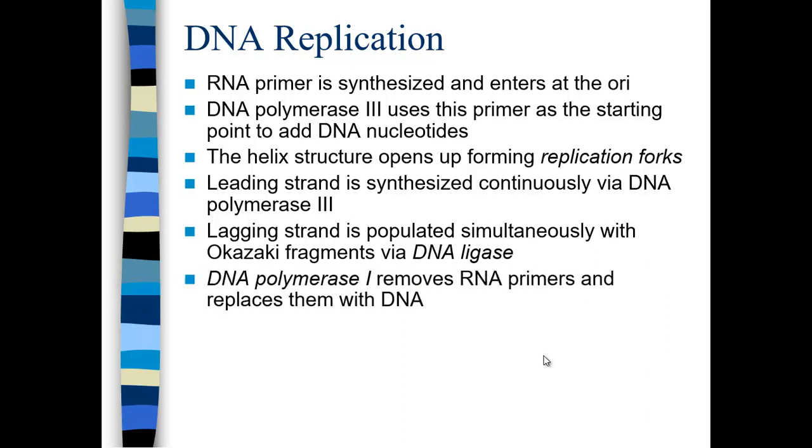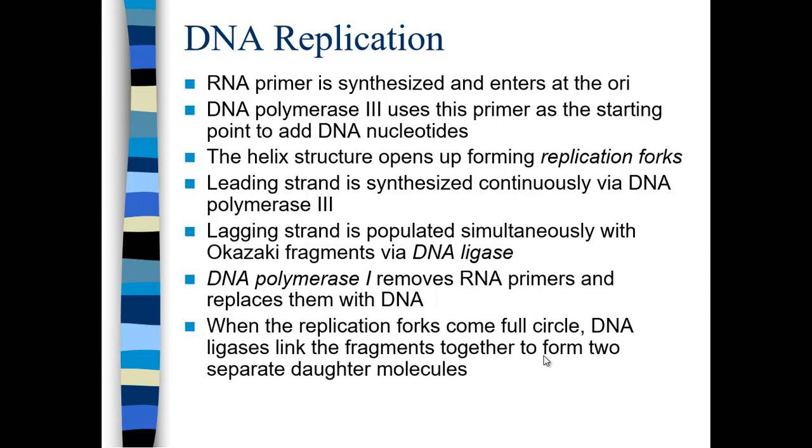DNA polymerase I removes the RNA primers and replaces them with DNA. And when the replication forks come full circle, the DNA ligases link the fragments together and they form two separate daughter molecules. Now this is for circular DNA, which you would find in prokaryotic cells.